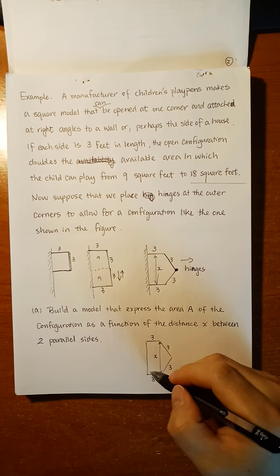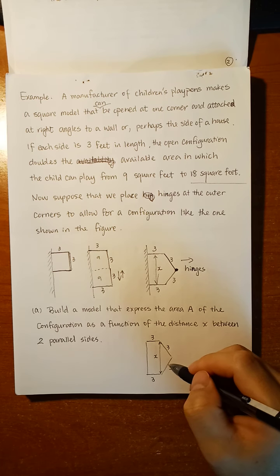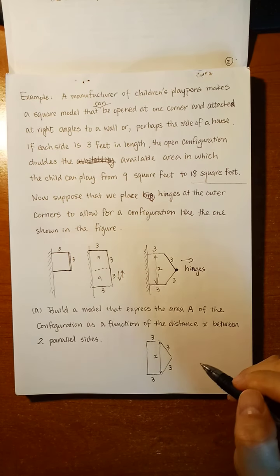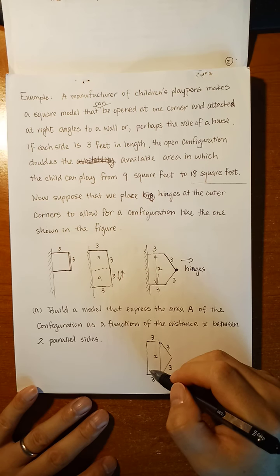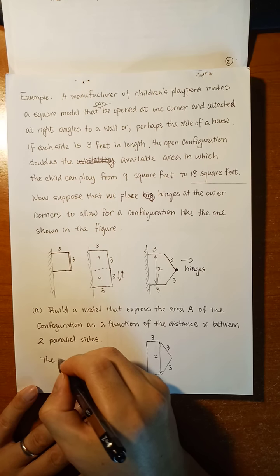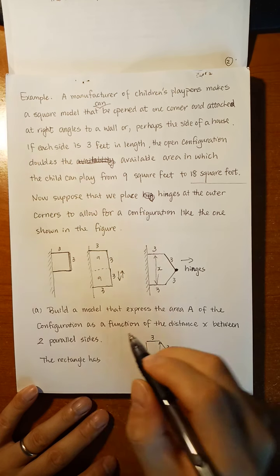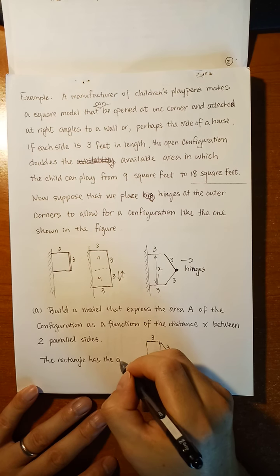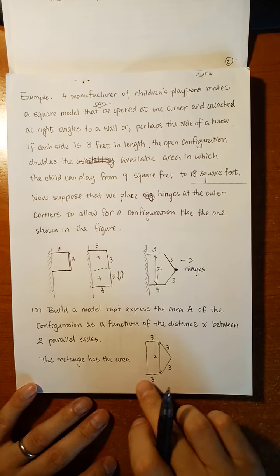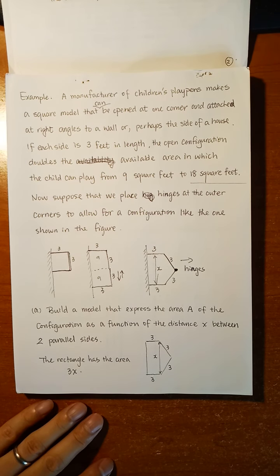This region has two parts, left part and right part. Left part is a rectangle, right part is a triangle. The rectangle is easy to find the area. The rectangle has the area base times height, 3x. So that's not the problem.